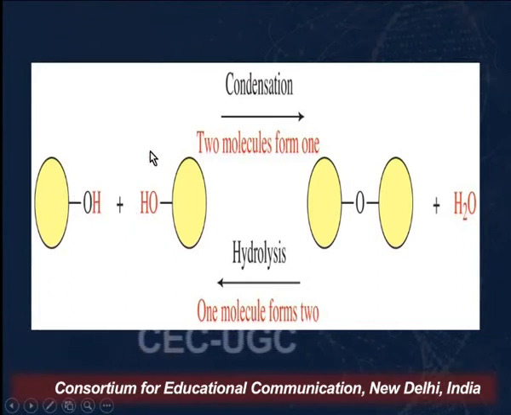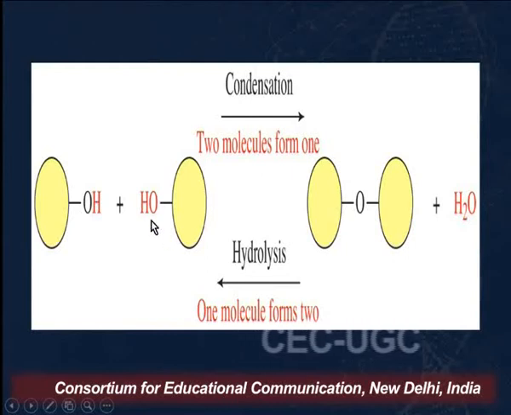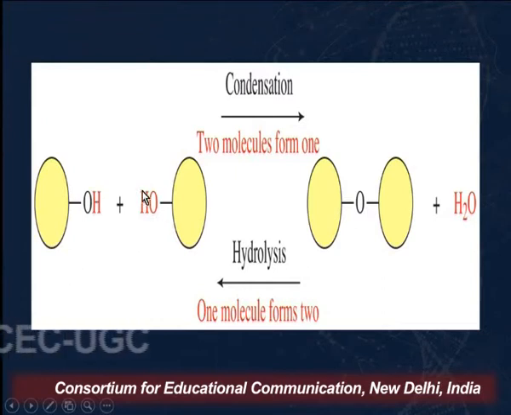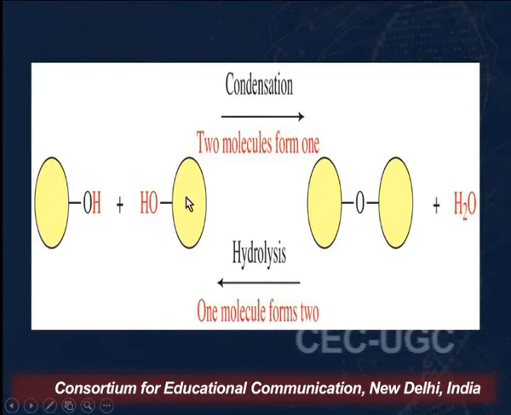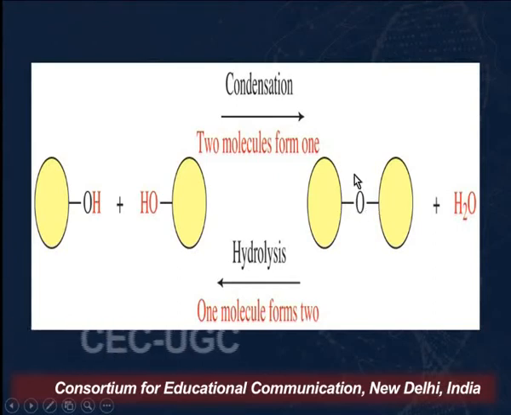This will react with any of the OH of the second molecule of monosaccharide. A condensation reaction will take place, that is a water molecule will be eliminated here, and a new bond will be formed between these two units through oxygen. And this bond, that is the carbon-oxygen-carbon bond, is known as the glycosidic linkage.